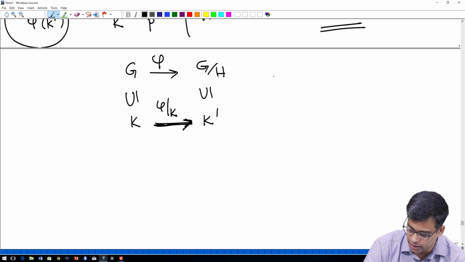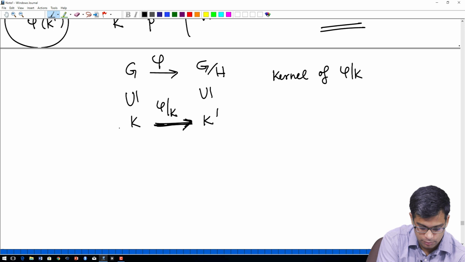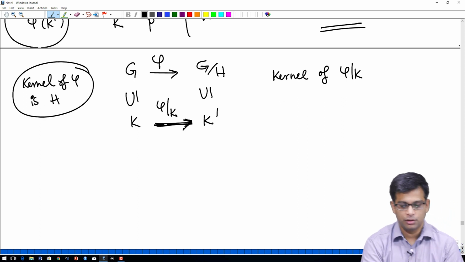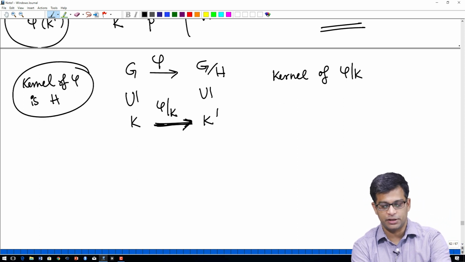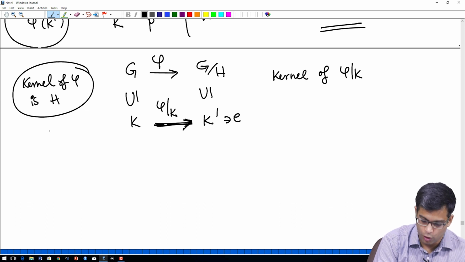So, what is the kernel of this map? What is the kernel of phi first? The kernel of phi is of course H. The kernel is the inverse image of the identity element. K prime contains the identity element, so its inverse image will contain all of the kernel. So, K contains H.